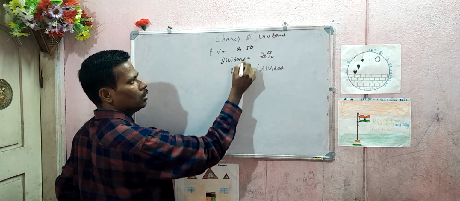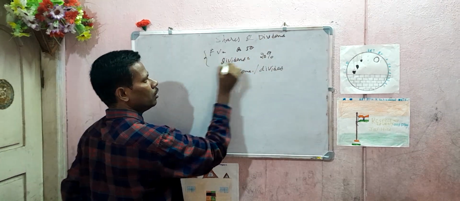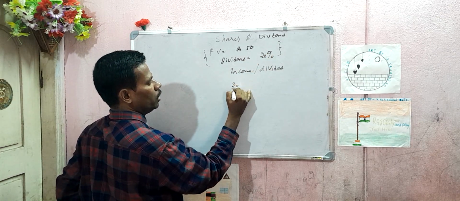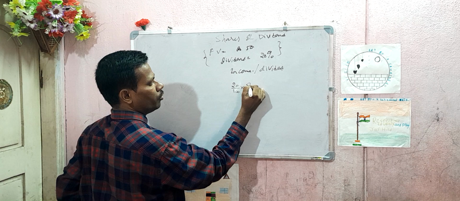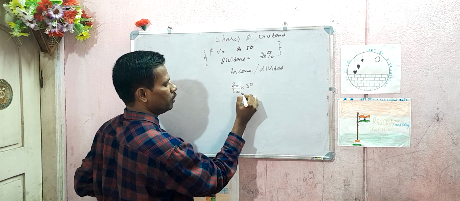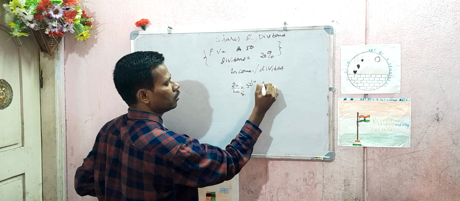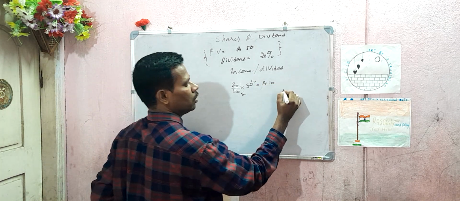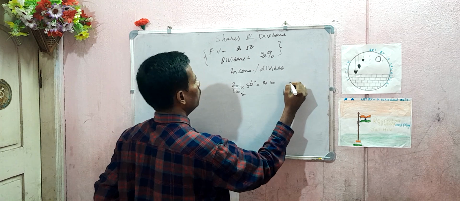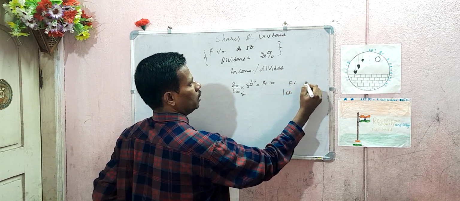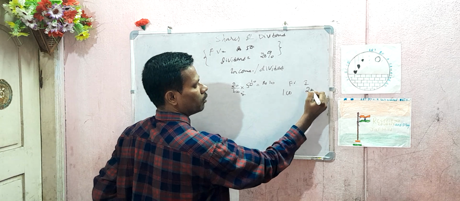Now let me do a simple example. I am showing how to do this dividend: 20 by 100 into 50. This is nothing but 20 by 10, so income is 10. What this actually means is, if the face value is 100, I will get an income of 20 rupees.